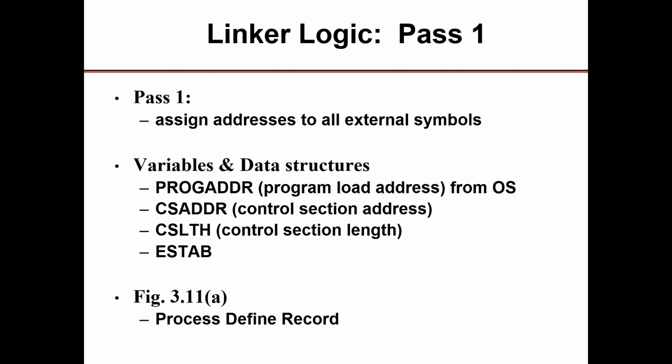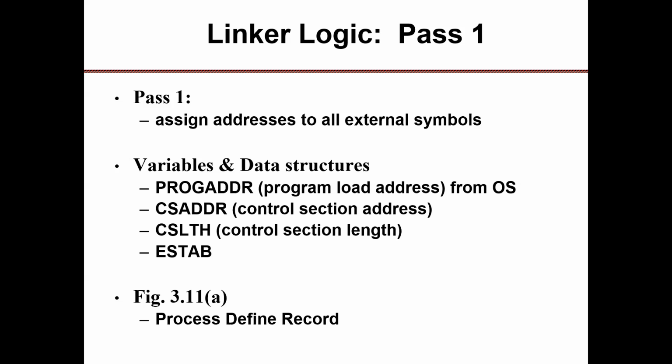Going down to the last one, the ESTAB, or external symbol table, is the data structure specific to the linker itself, and the linker is going to be writing to the ESTAB as well as consulting the ESTAB depending upon which control section it's resolving addresses for at any given time.